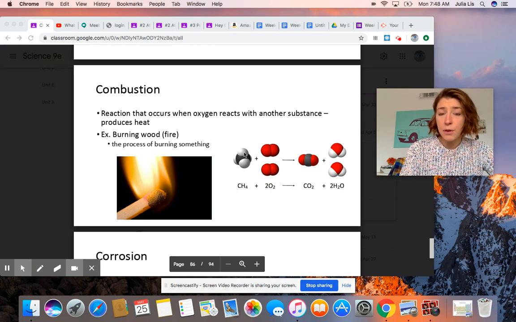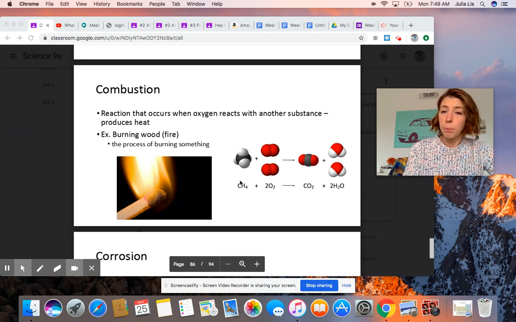A hydrocarbon is something that contains carbon and hydrogen, and it's a fuel source. So when you put wood logs on a campfire, those are all made up of carbon and hydrogen bonds, and you need oxygen present in order for combustion to take place.